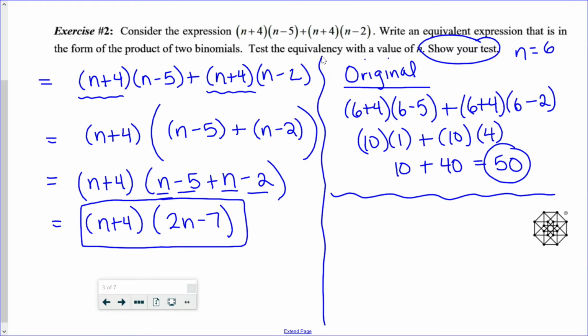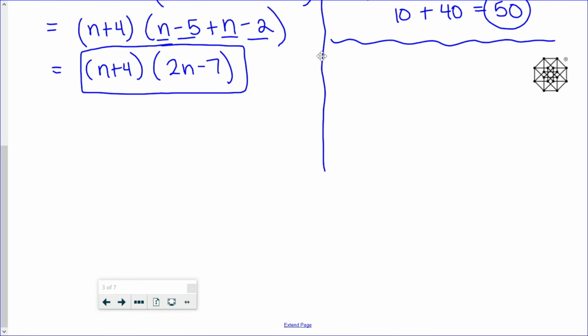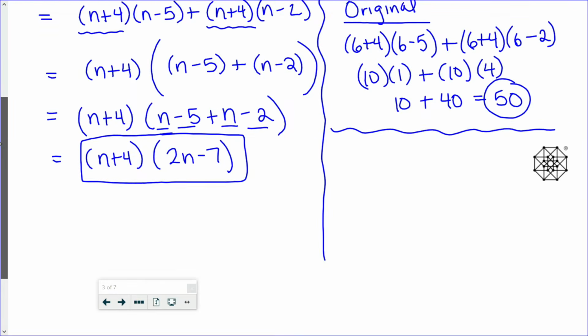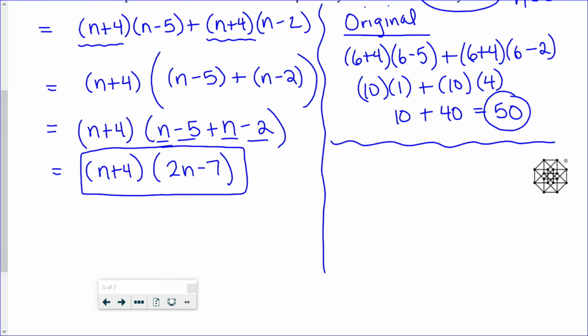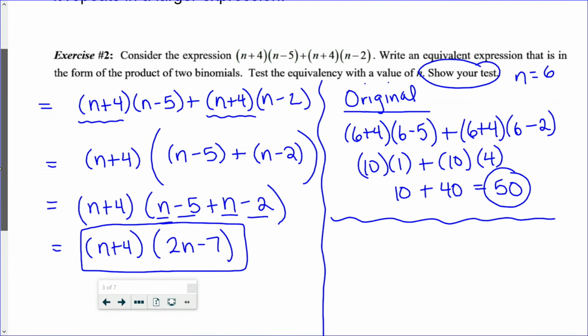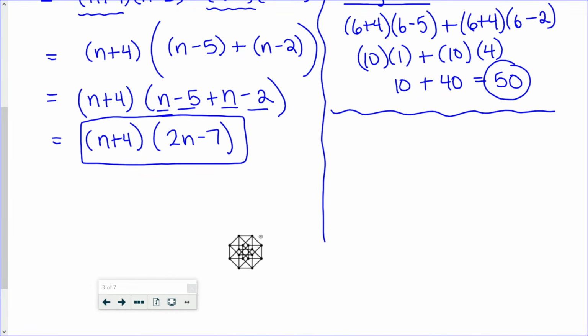Now, let's take a look. Maybe give myself a little extra space here. Let's now do n equals 4. No, it's not n equals 4. I'm sorry, it's n equals 6. n equals 6. I'm going to put that into this expression. All right, so I'll have 6 plus 4 times 2 times 6 minus 7.